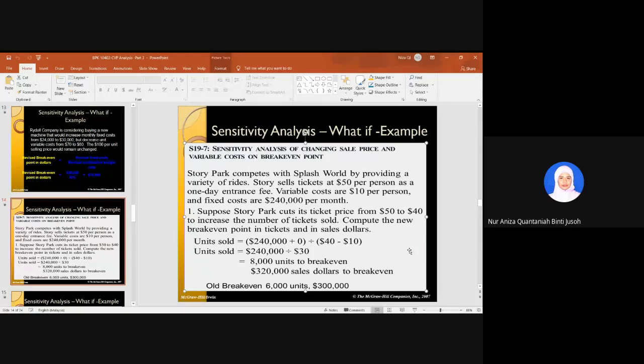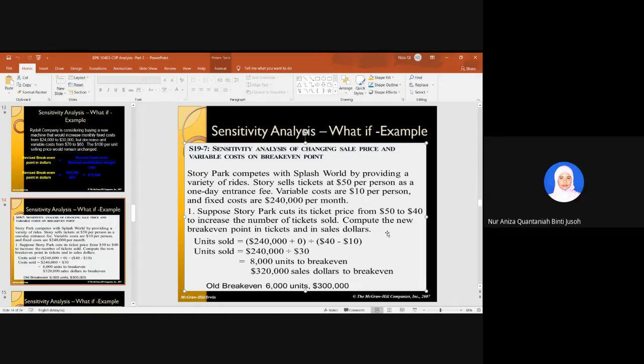If you want to find it in sales dollars, you have to find the new contribution margin ratio. The new contribution margin ratio will be 30 over 40.